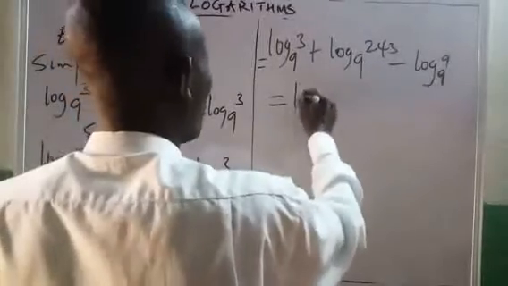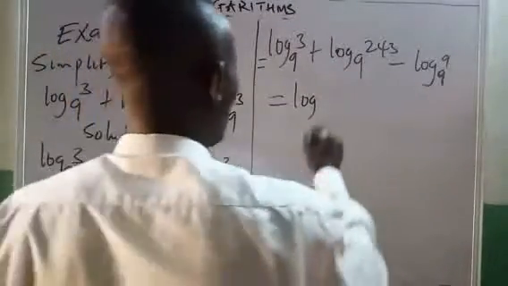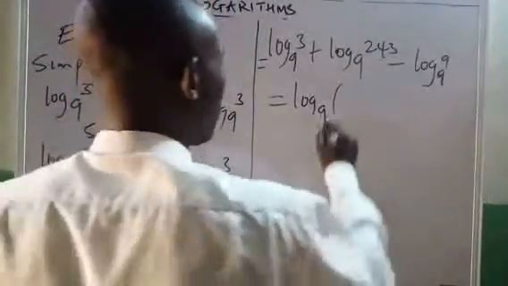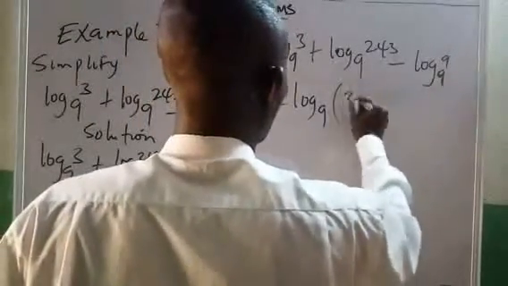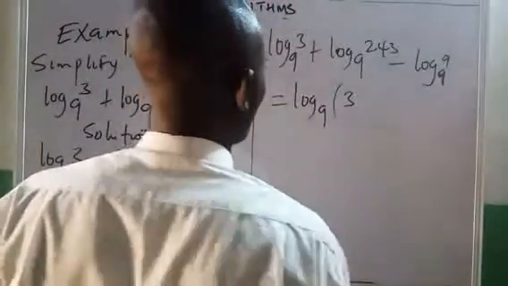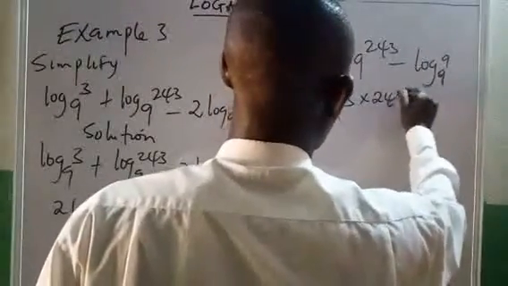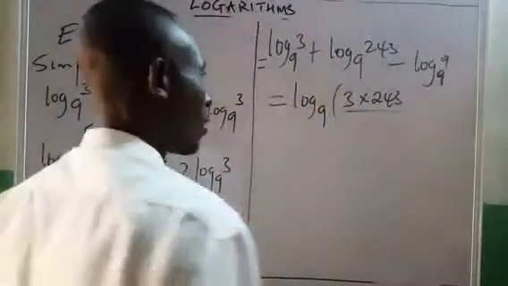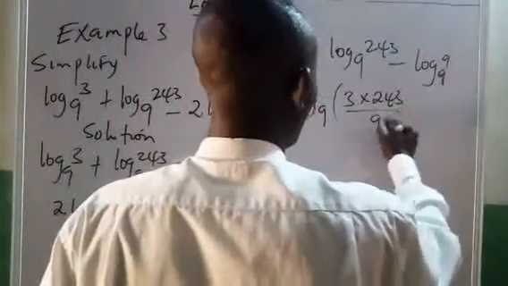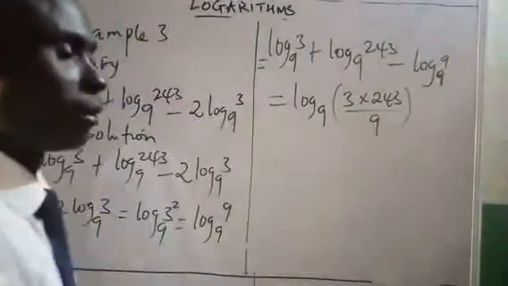So this is the same thing as log base 9 of, everything put in bracket, 3 plus is times, 4, 243 over 9, minus is division over 9.